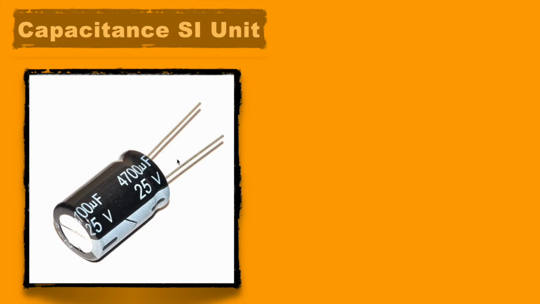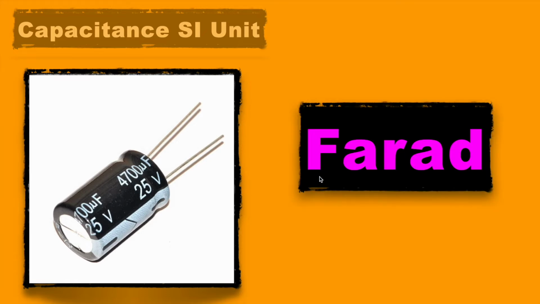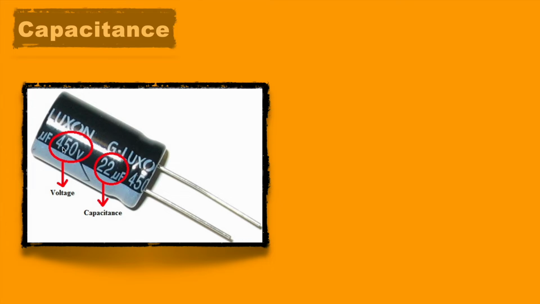Its SI unit is the farad, but this is a big value, so very often microfarad, picofarad or nanofarad is used. If you look at this electrolytic capacitor carefully, its rating is 450 volt and its capacitance is 22 microfarad.